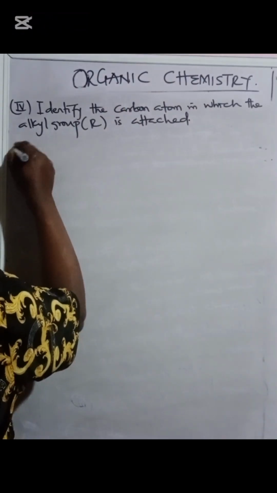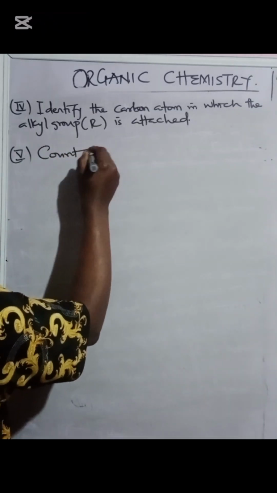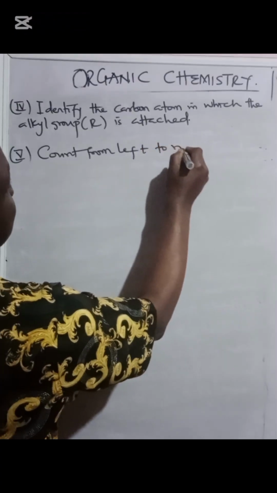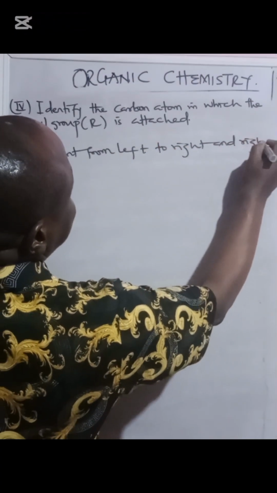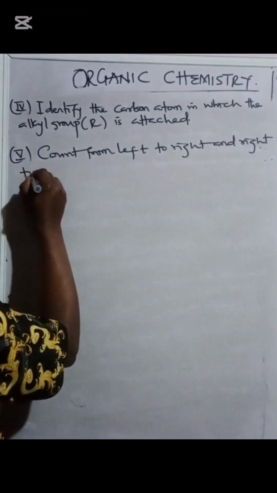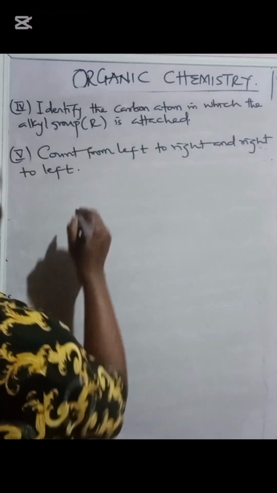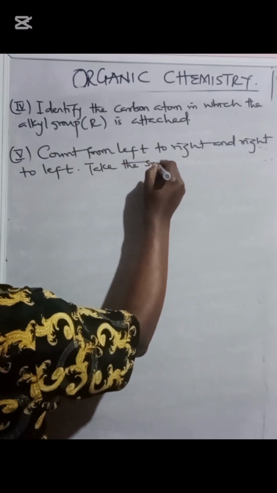Step 5: count from left to right and from right to left, and pick the smaller number.